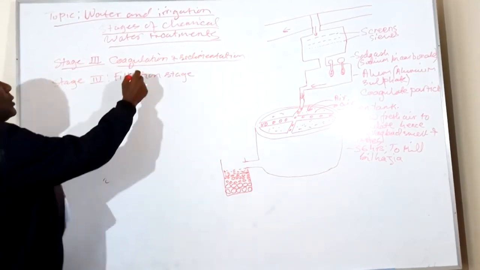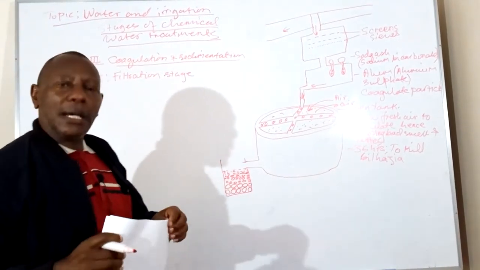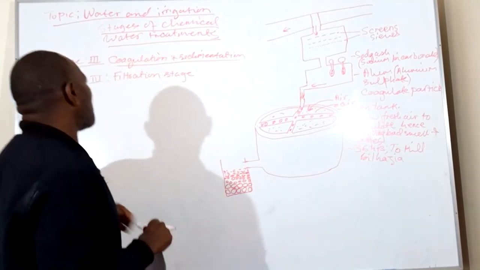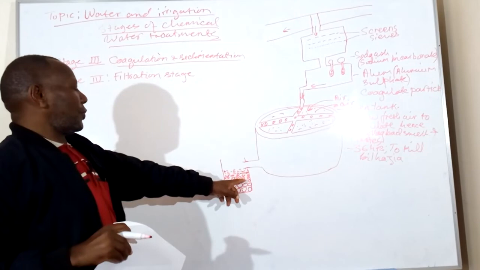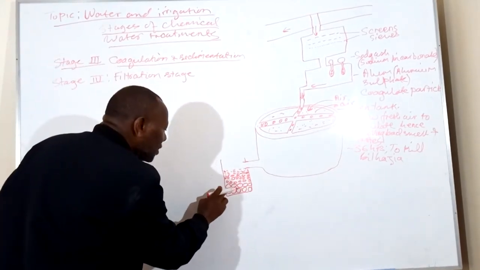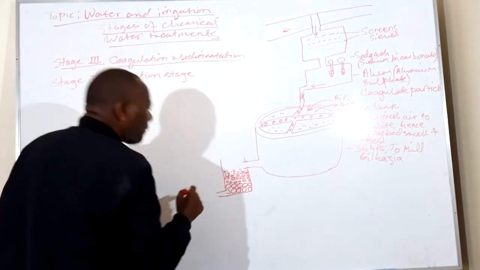Learners should know that we have two filtration stages. We have the first filtration stage at the intake, where we are using screens or sieves, and we have the second filtration stage where we are using gravels, from the large gravels to the small gravels.